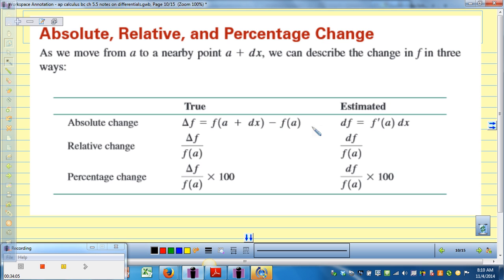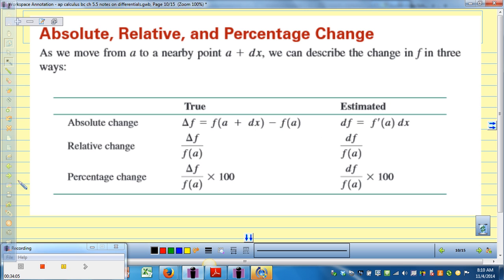If they ask for relative change, then you're going to take that value that we found up here and just put it in a ratio to the actual value, the function value. And then if we want percentage change, we take that same thing and make a percentage out of it by multiplying by 100. Okay? So different ways that they can ask you to discuss the change.